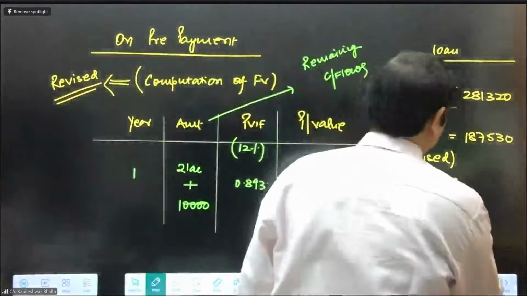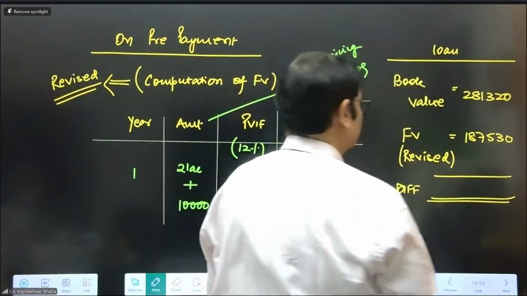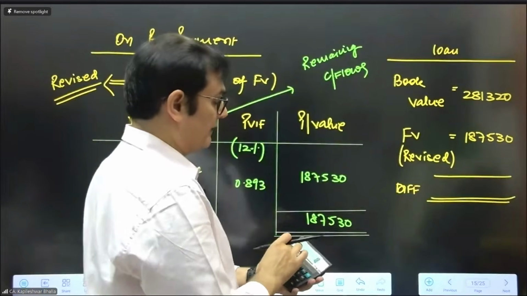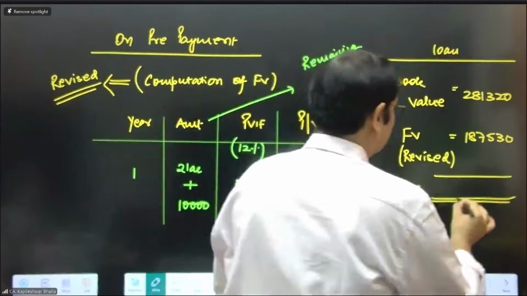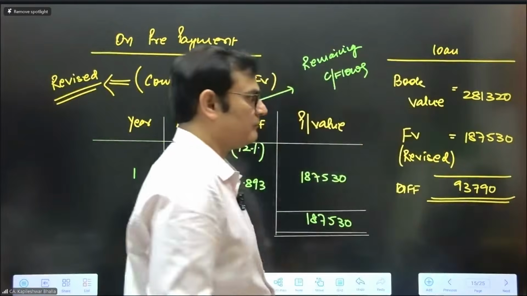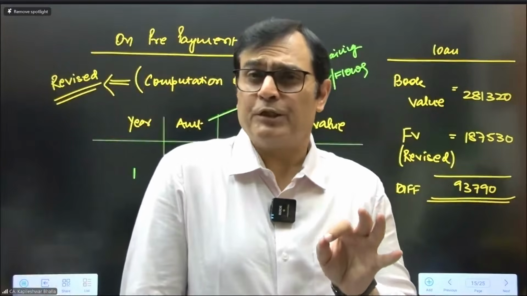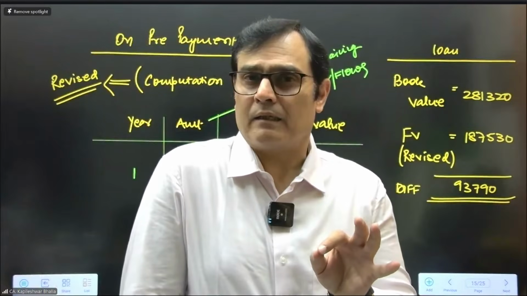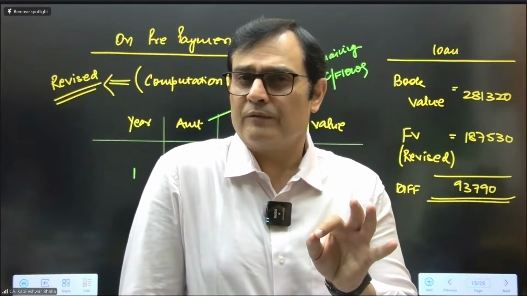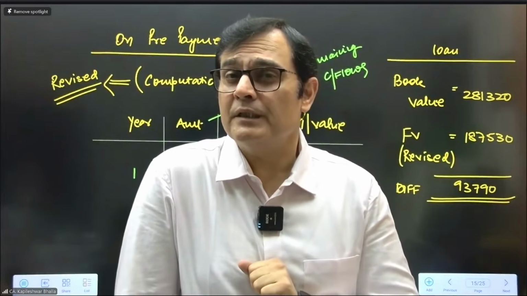So we get the difference between the two, 187,530 against the book value, that's 93,790. The prepayment made is to the extent of 1 lakh. So can I say out of that 1 lakh, this gets adjusted in the liability, and where does the remaining get adjusted?